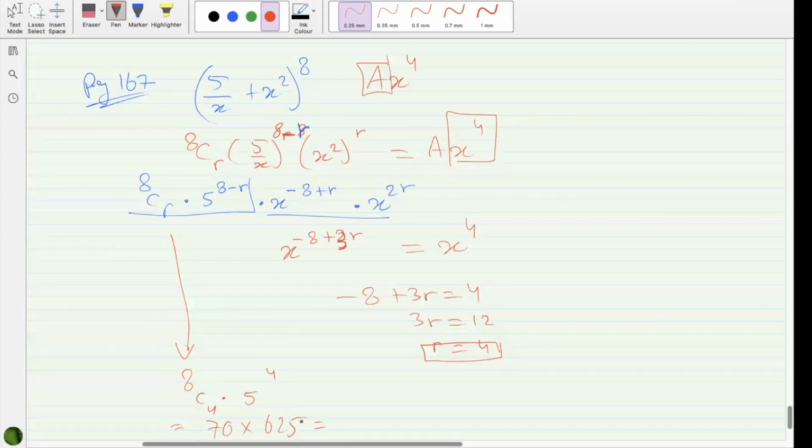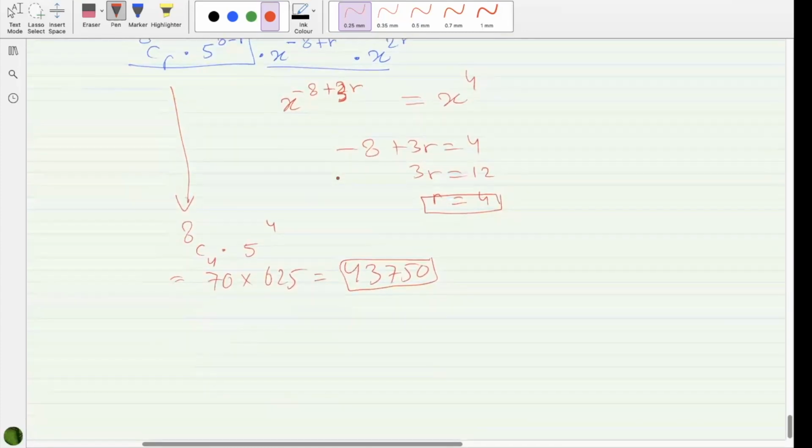That makes it 43750. Coefficient of x power 4 in the expansion of this question is 43750. This would require a little practice. It is not tough, but a little practice to get used to the formulas.